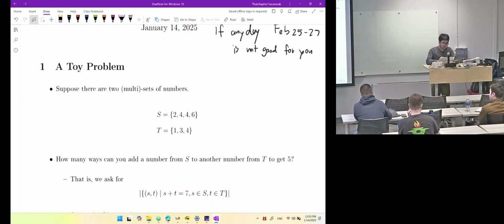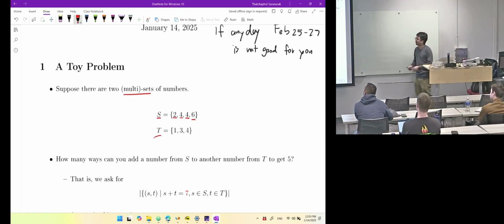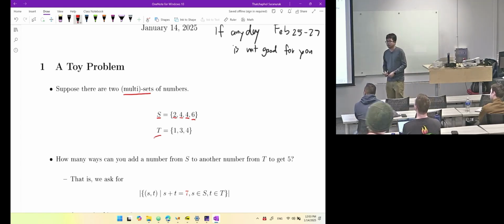Suppose that I give you two sets. It can be a multi-set. So the first set S has the elements 2, 4, 4, and 6. And the second set T has 1, 3, and 4 as elements.